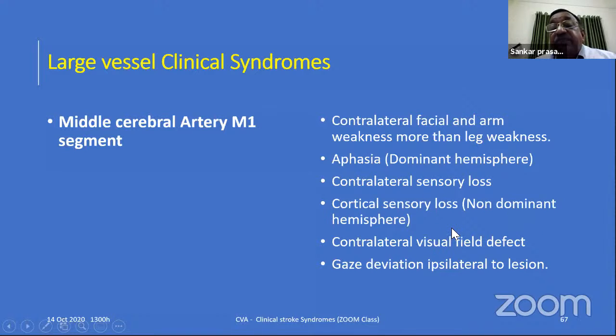That is, you will have loss of graphesthesia, contralateral visual field defect, and gaze deviation ipsilateral to the lesion, because the control of the gaze is frontally located, the frontal gaze center, and that is disturbed on the side of the damage, so the other side pushes the eyes towards this side, so gaze is deviated. This is the M1 segment.